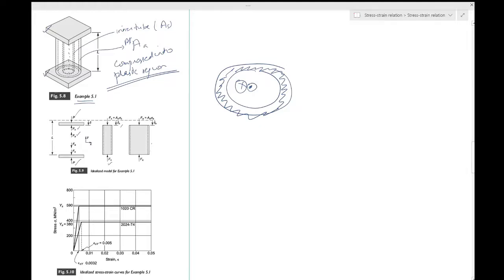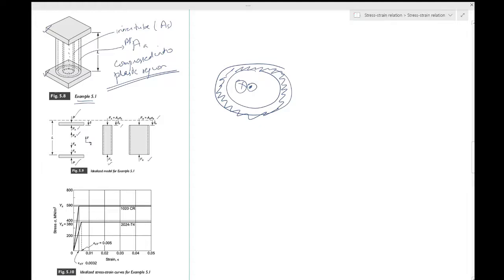Similarly, for the aluminum one, you have A_A, sigma_A and delta_A. So these are the idealized models for the three things involved in this assembly. We want to now apply the stress strain relationship and find the load deformation curve.